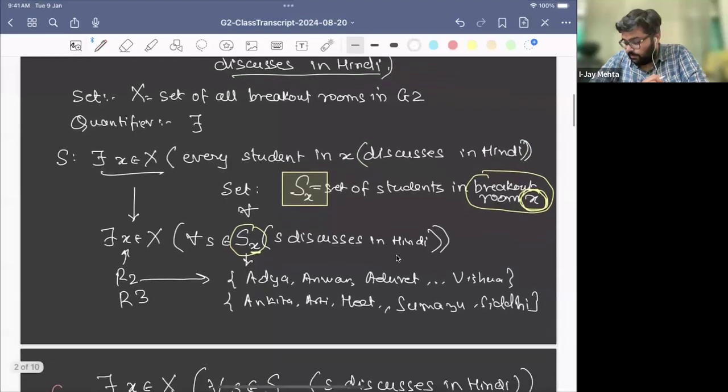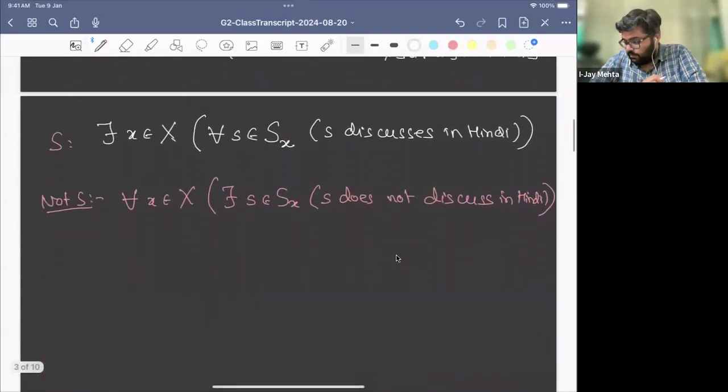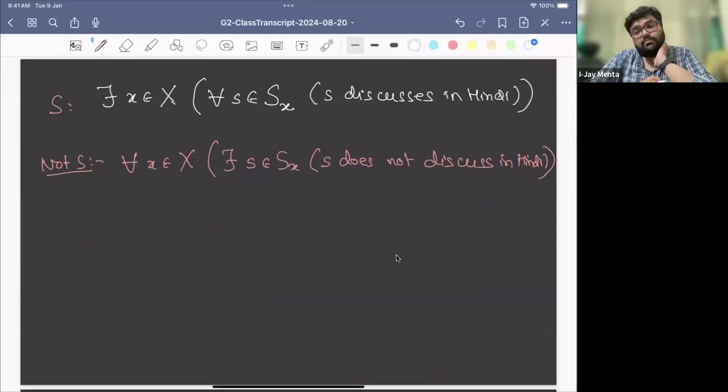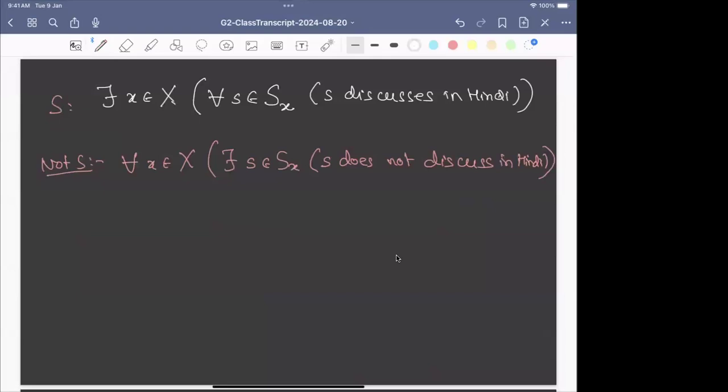Yes, Shivam. From yesterday and today also, sir, I noticed a pattern when negating a statement.